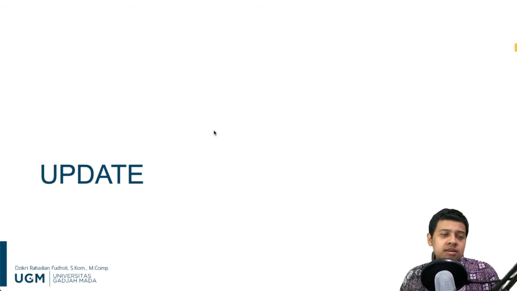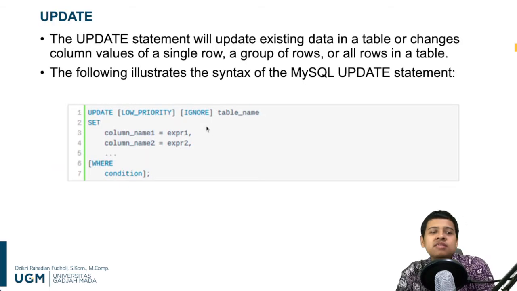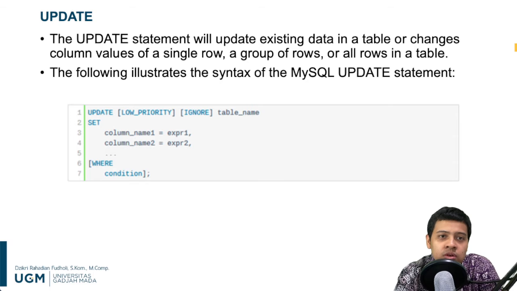The third one is update. The update statement will update existing data in a table, or change column values of a single row, a group of rows, or all rows in a table. So it can be used for a lot of tasks. The following illustrates the syntax of the MySQL update statement.